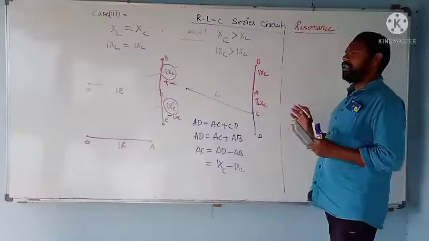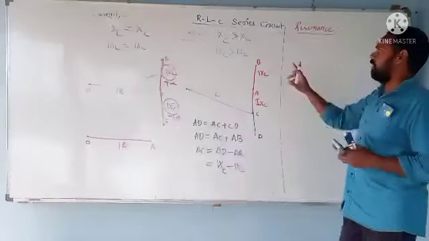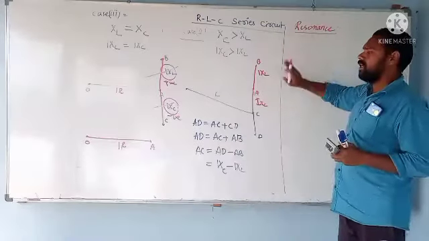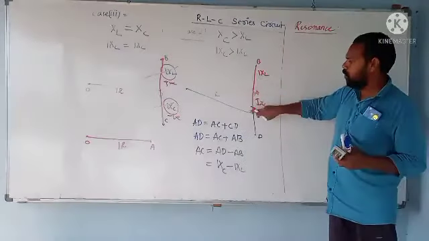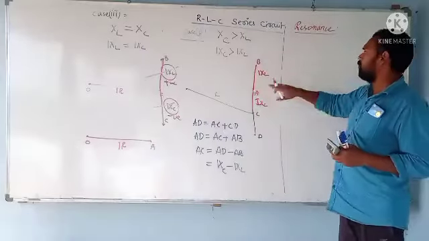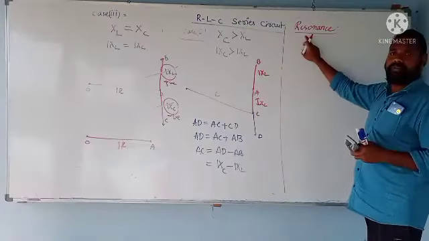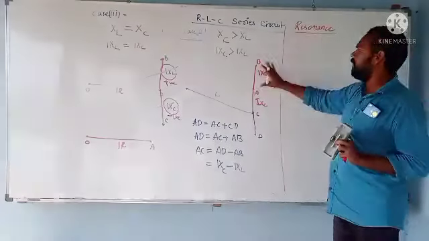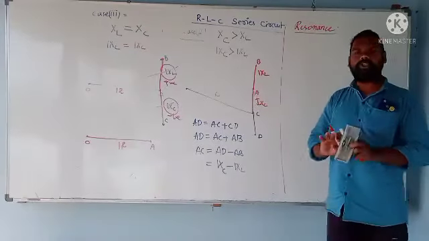So this is the analysis of the RLC parameters. At resonance condition, where these two cancel each other out, that particular thing happens whenever the circuit undergoes resonance. Resonance is nothing but that at resonance these two reactances are equal.